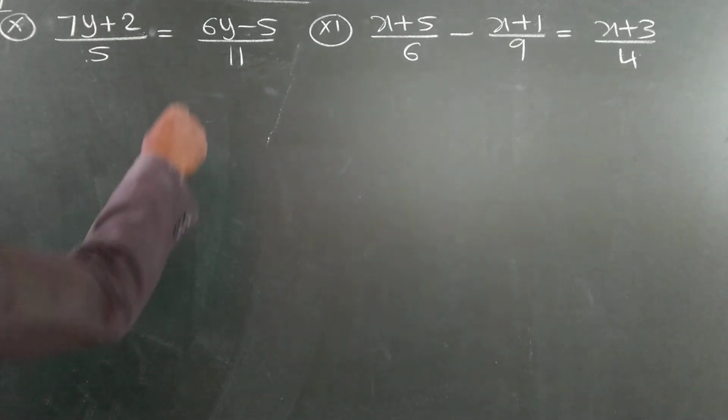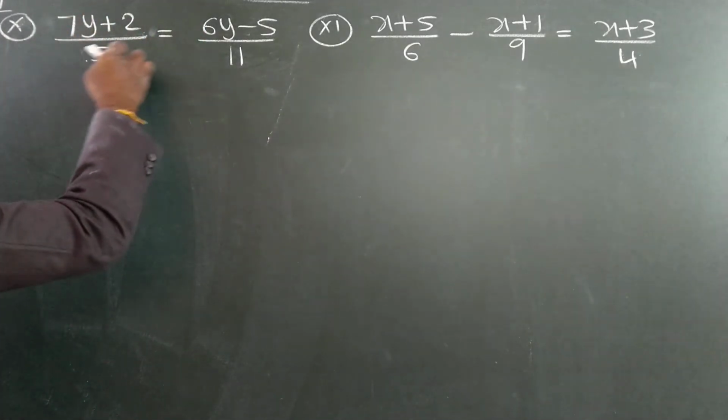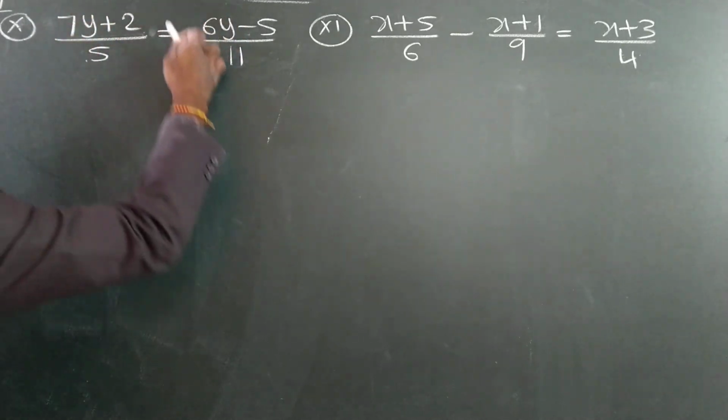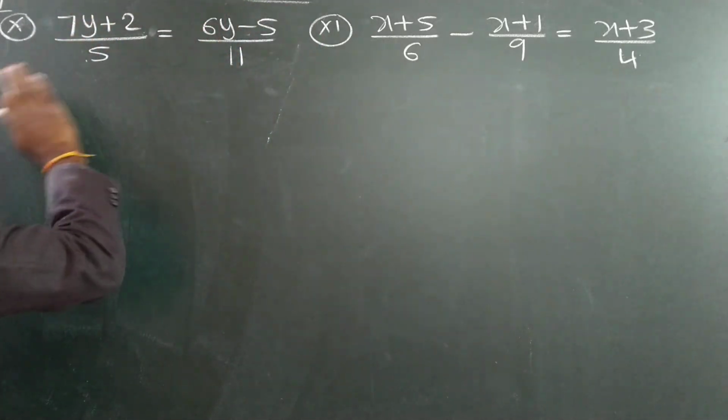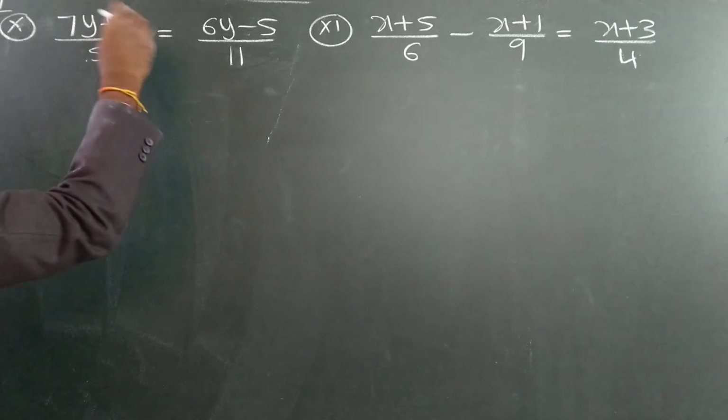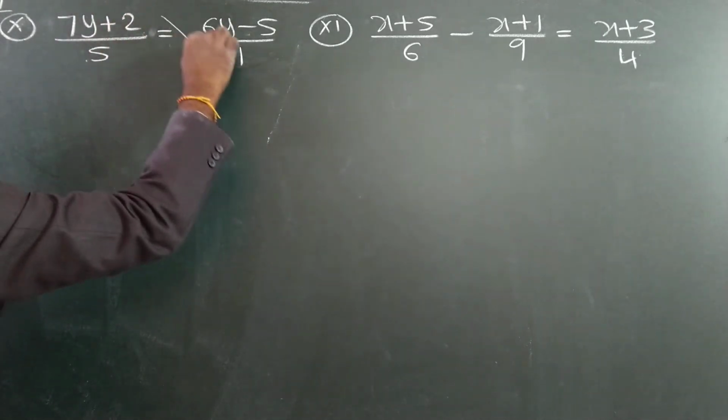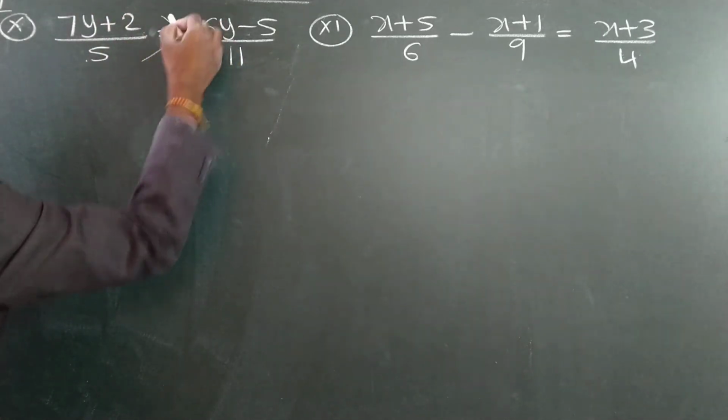See here, the left side is a simple fraction and the right side is also a simple fraction, so there is no need of taking the LCM. Directly do cross multiplication.